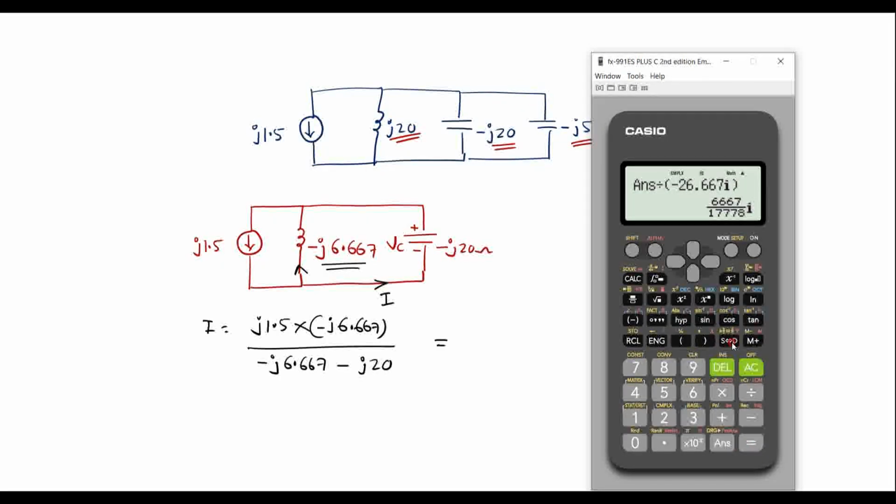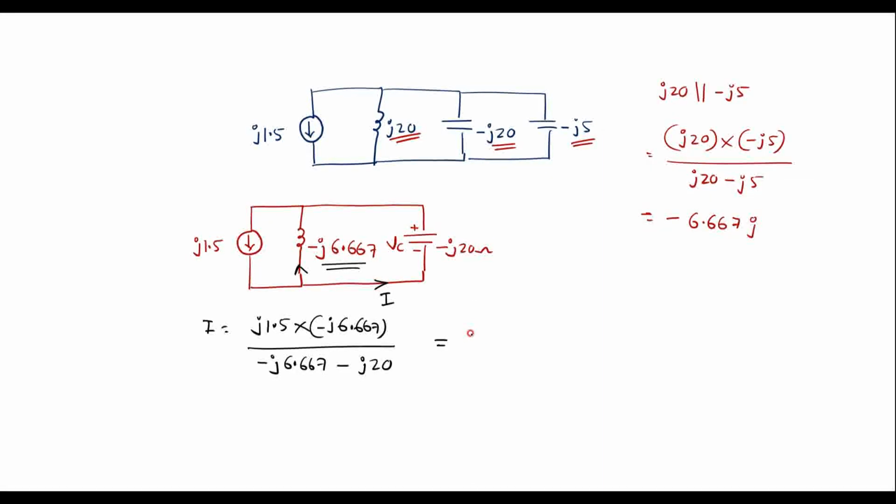So the result will be 0.375i. Let me write it as 0.375J. So this is the I.